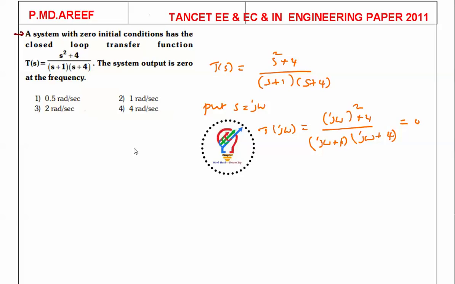From this, j omega whole squared plus 4 is equal to 0, because we consider only the numerator part. j squared is minus 1, so minus omega squared plus 4 is equal to 0. That implies omega is equal to 2 radians per second. So option 3 is the right option for this question.